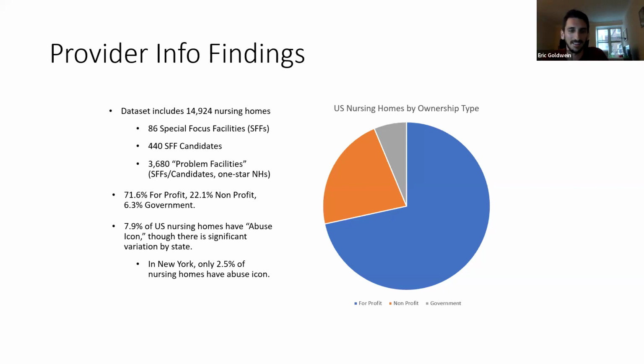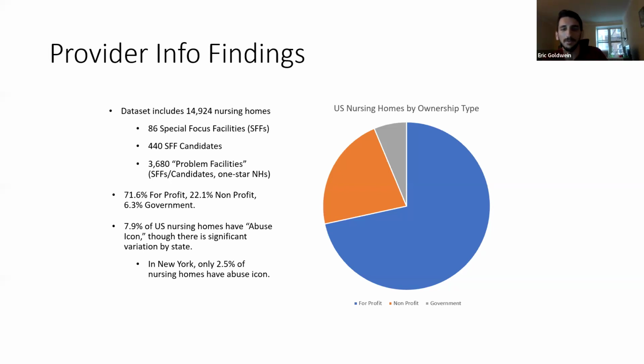And this is not to say that there's less abuse going on in New York nursing homes. It's to say that there are differences in enforcement and the likelihood of that abuse being cited. So we publish all that information. We encourage you to explore, and hopefully you'll find something that helps your advocacy or your research.